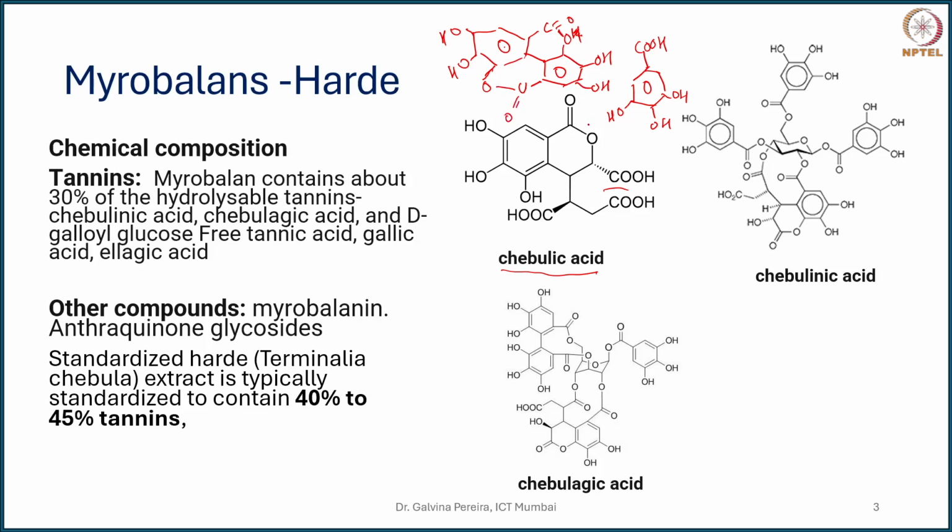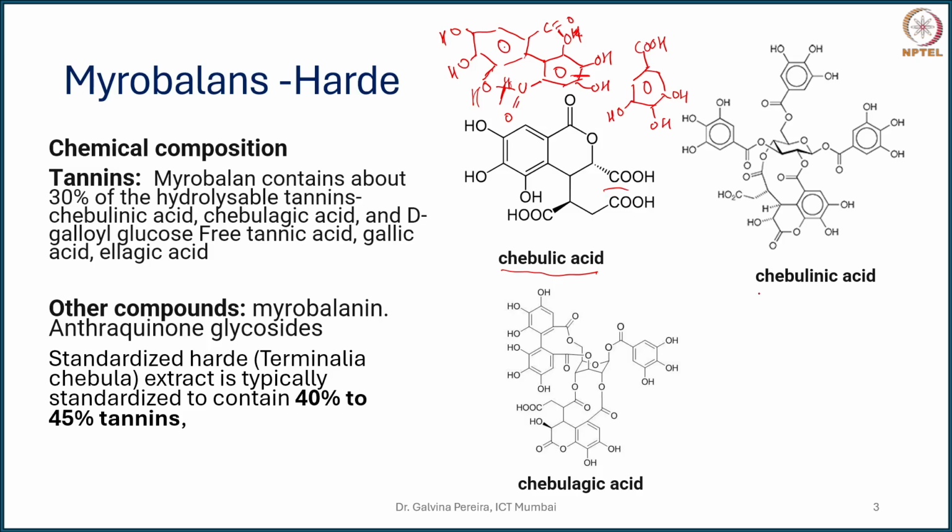Now if you see this structure, your chebulic acid is very close to this. Only thing is this has opened up again to form a COOH, and here this has opened up to form a di-COOH. So this is just an open form of ellagic acid, and that is your chebulic acid.